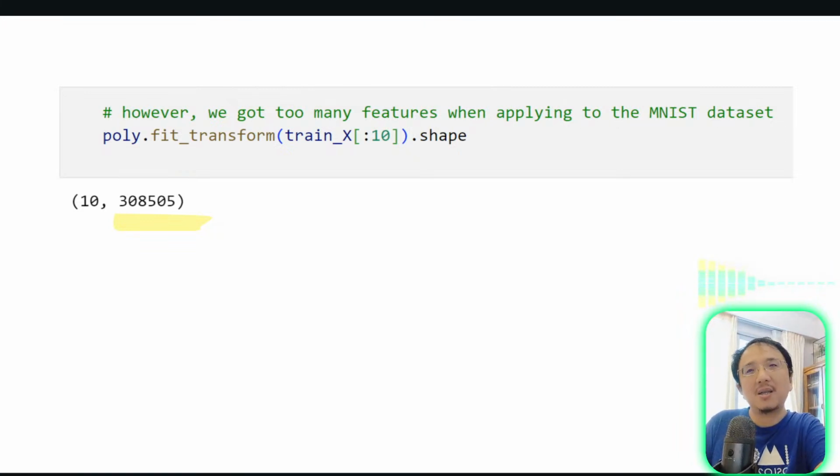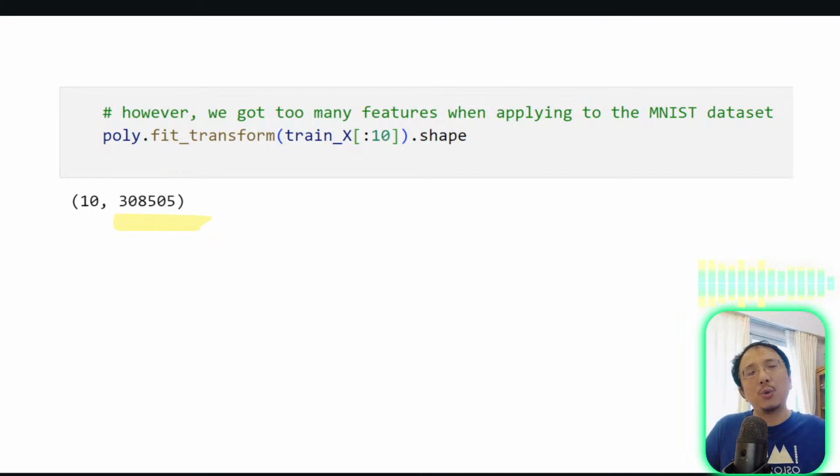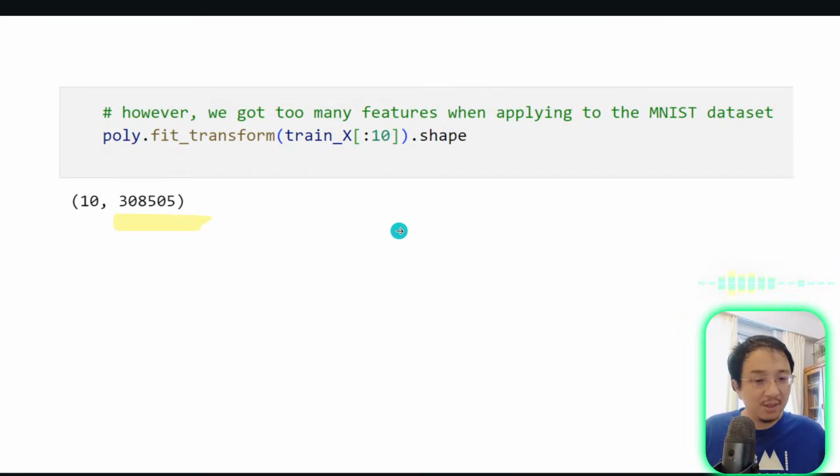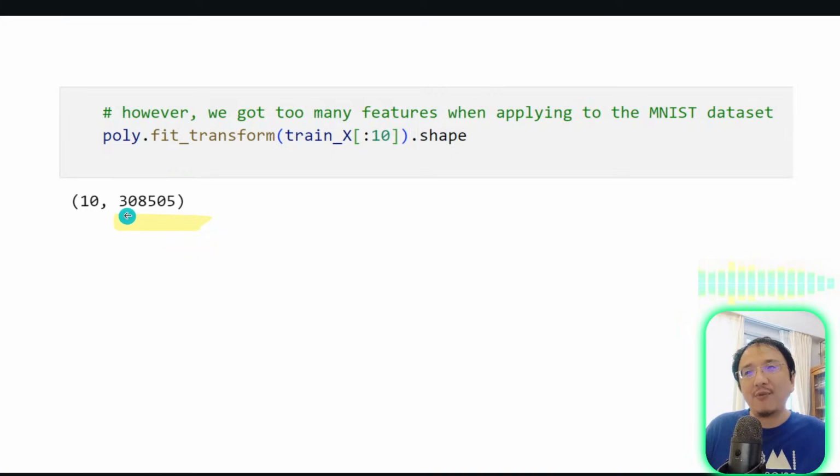If we use degree 2 on our data, we already have almost 800 features. The degree 2 polynomial feature is going to have like 300,000 features. That's too many features.